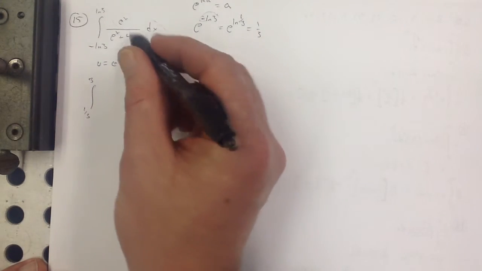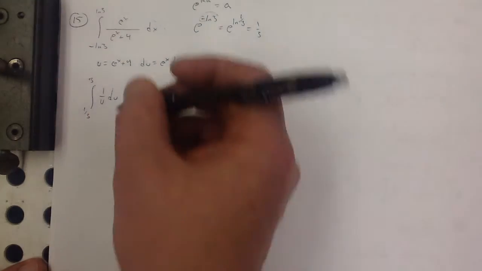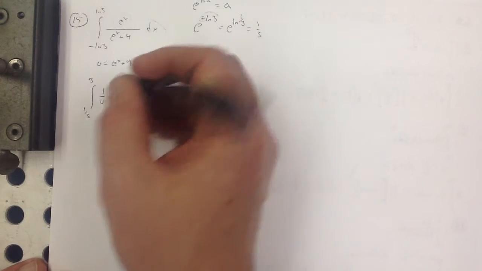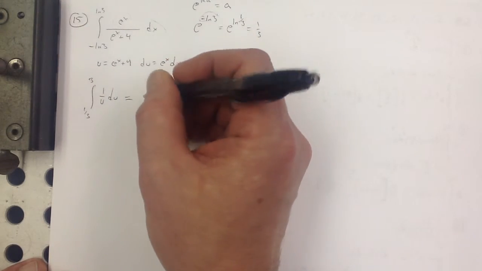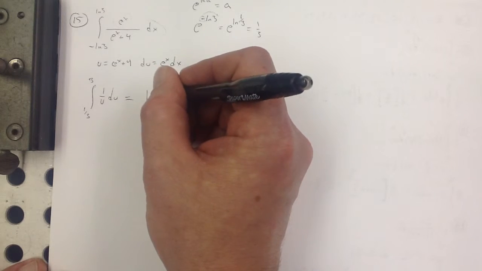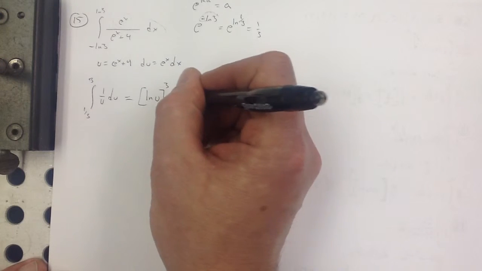And then what do we have? I've got 1 over u du when I make the substitution. The antiderivative of 1 over u to the negative 1, that's the only time we can't use the reverse power rule. It is natural log u, 1/3 to 3.